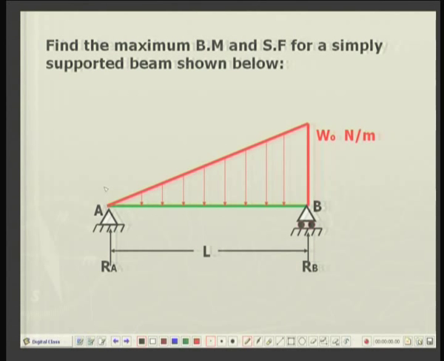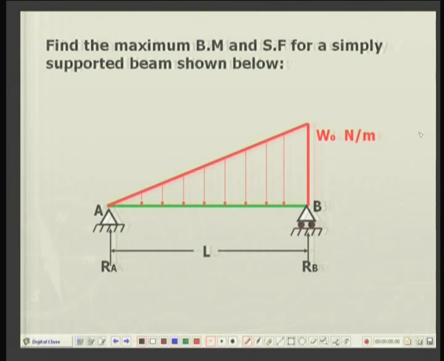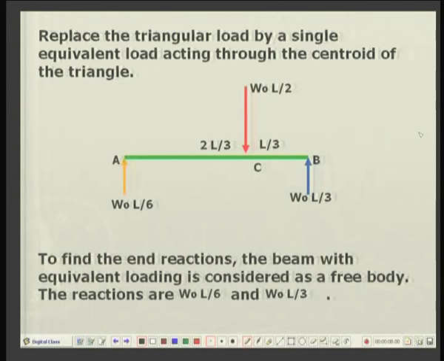the area under the triangle, which is base times altitude divided by 2. So, W0 into L by 2, that is the total load. And where does it act through? It will be acting through the center of gravity of the triangle, that is the centroid of the triangle, and this occurs along a line which divides the total span into two parts, 2L by 3 and L by 3, as I am showing in the next slide.